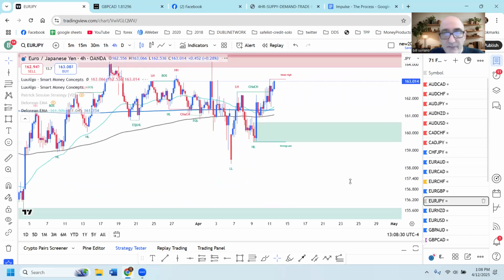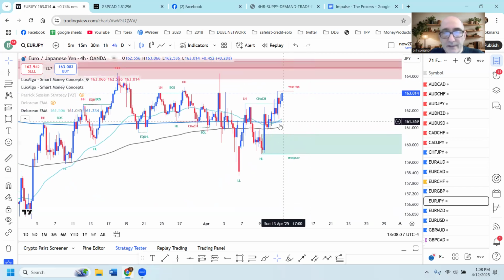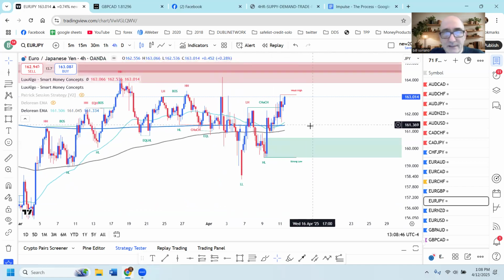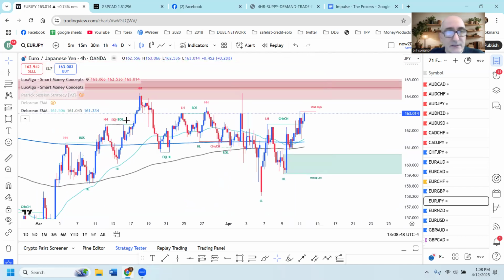EUR JPY, this one right now, price is above the 800 and the 50 is above that 200, but this is not a valid zone. The indicator is giving us this zone. The problem is, guys, it's not a valid zone because we need to get a break of structure here to the upside in order for this zone to be valid.